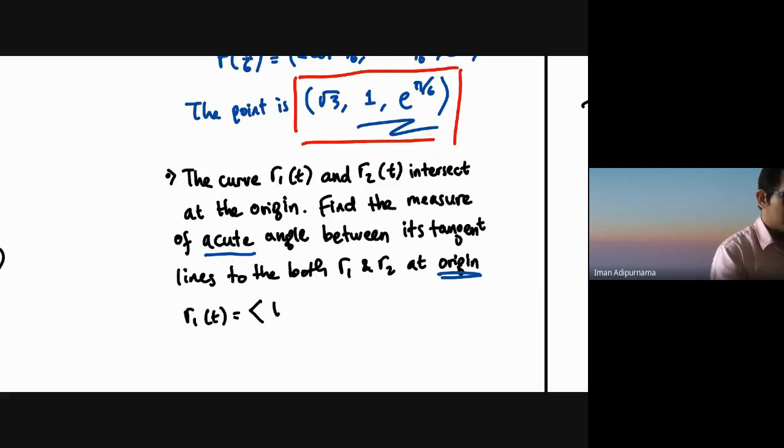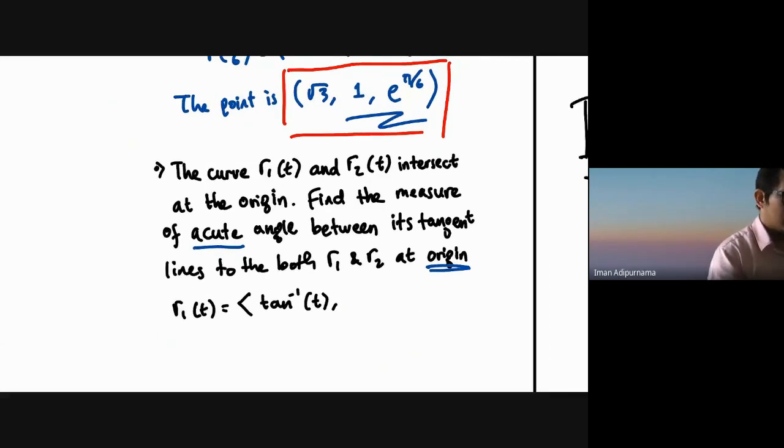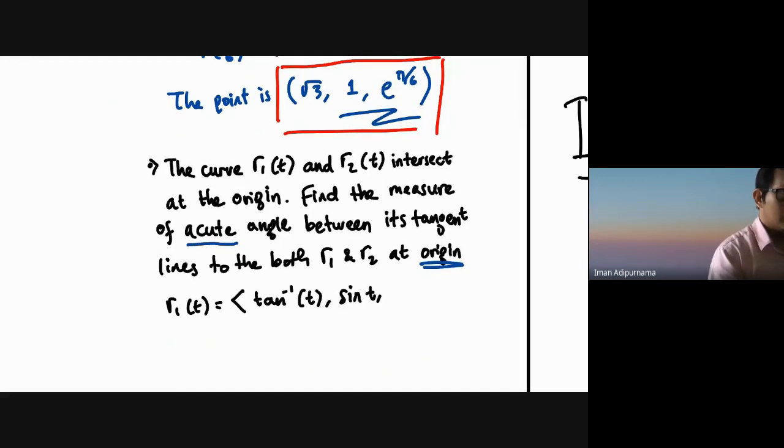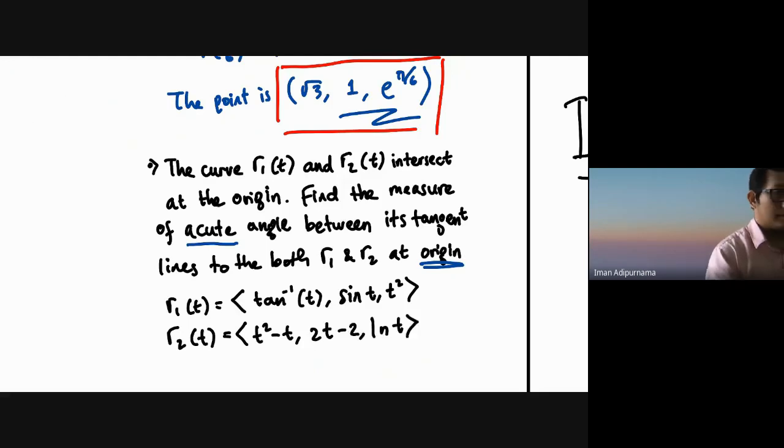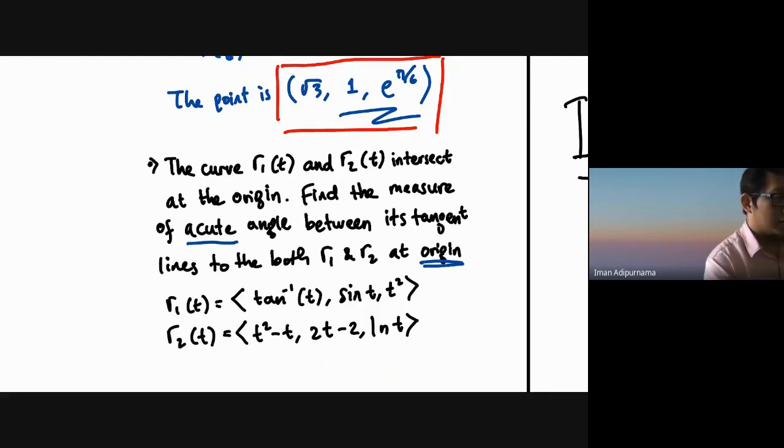Now the R1 is, let me write, tangent inverse t, sine t, and t squared. And R2 is t squared minus t, 2t minus 2, and ln t. Now, a few terms that you find here.